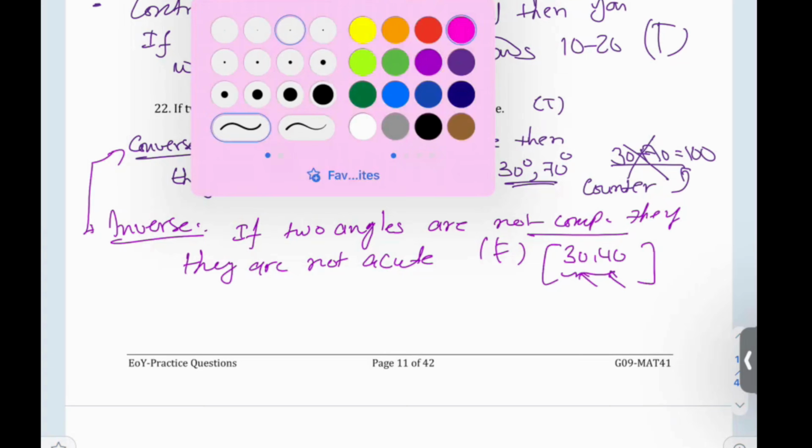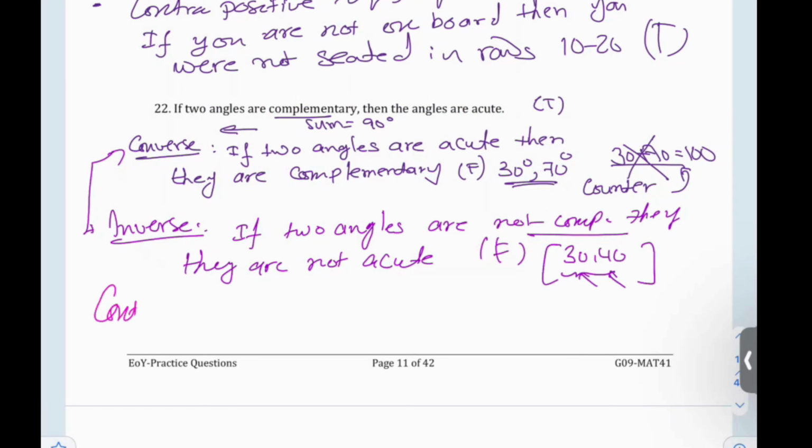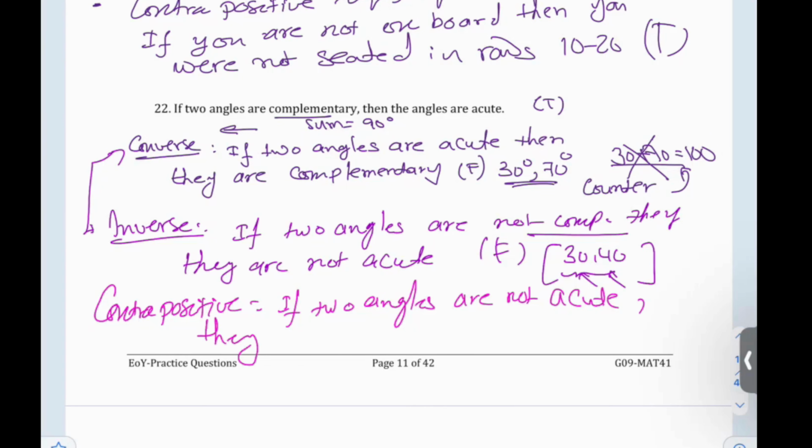So this is the counter example. Finally, we have the contrapositive. Contrapositive is reversing the negation. So if two angles are not acute, then they will not be complementary. Not and not.